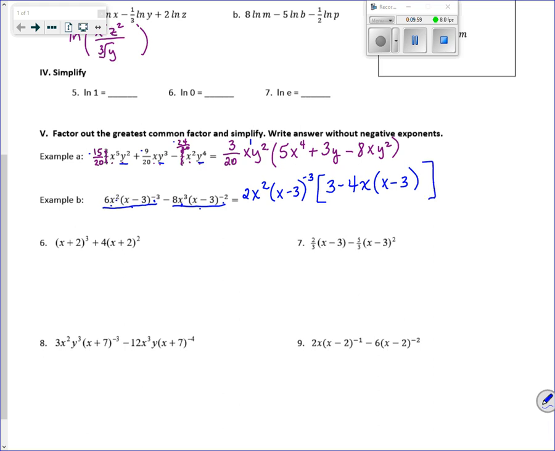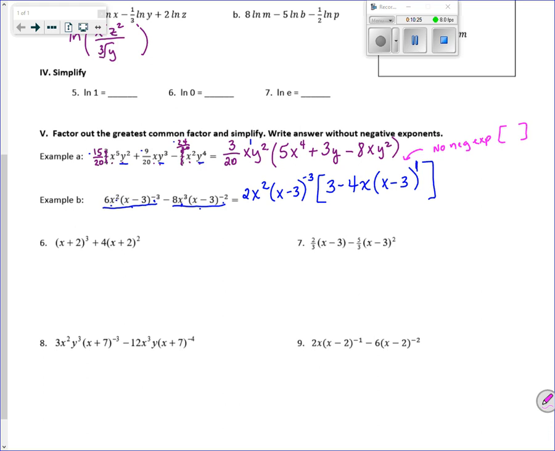Remember, when you distribute, you add exponents. So this one is going to be a positive 1. Remember, if you're taking out the correct thing, there should be no negative exponents within your big parentheses in here. I'm just going to clean it up to get to my final answer.